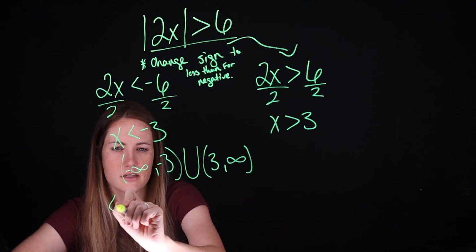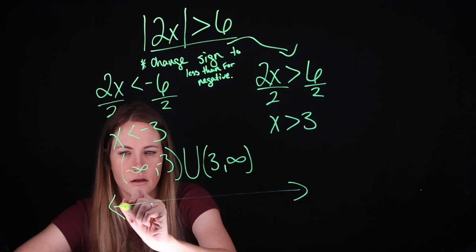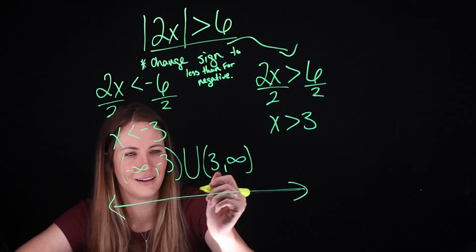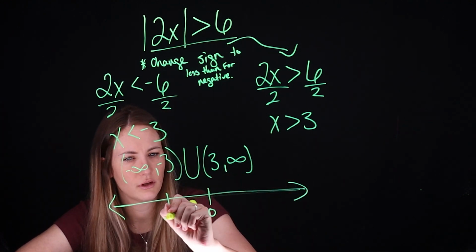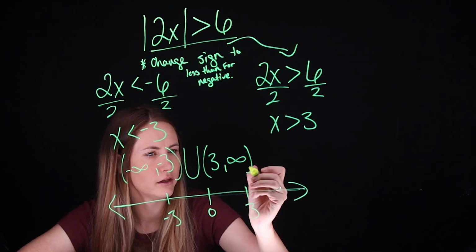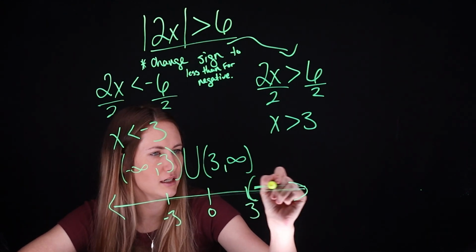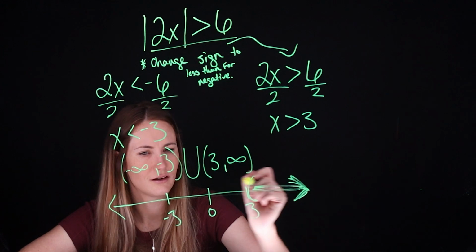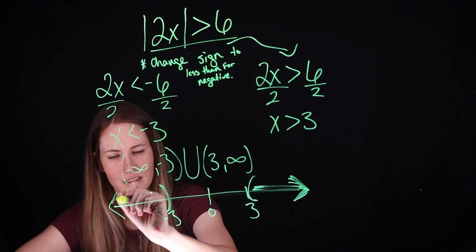And our graph on this one, we'll put 0 here and we'll do negative 3 and 3. So 3 to infinity and negative 3 to negative infinity.